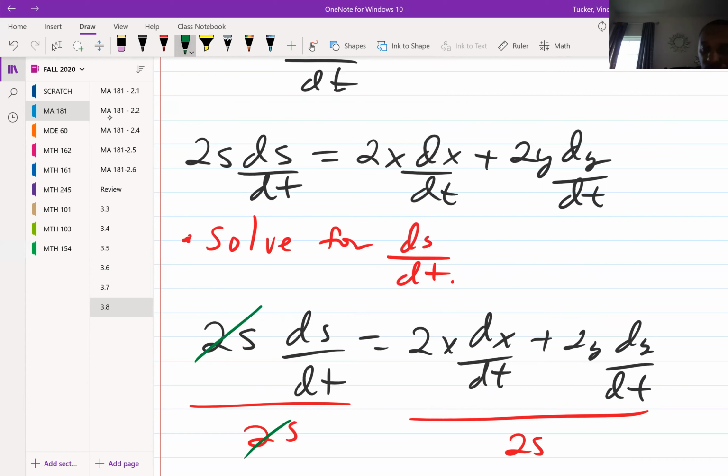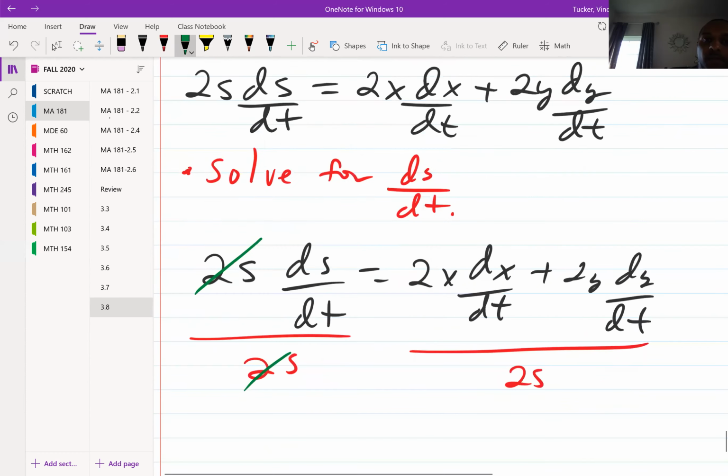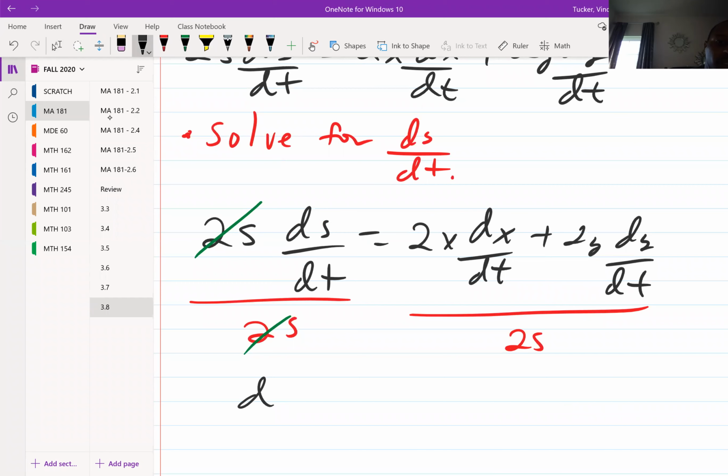So the 2s will cancel on the left, leaving me with ds/dt.